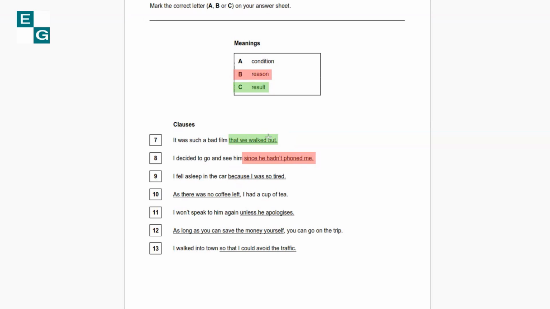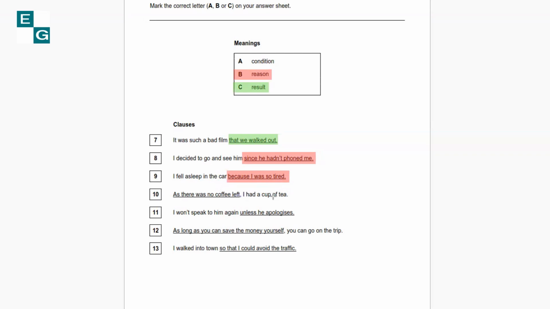And then it says, I fell asleep in the car because I was tired. So the reason why you fell asleep is because you were tired. So we can also say it's a reason. The reason you fell asleep.